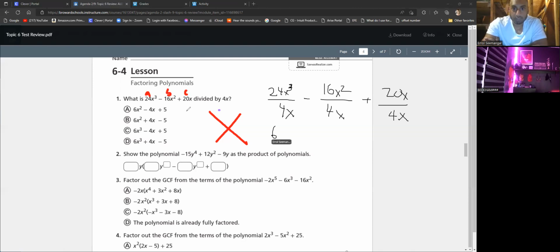What is x cubed divided by x? It's just x squared. Remember your exponent laws, though. Are you adding or subtracting the exponents?